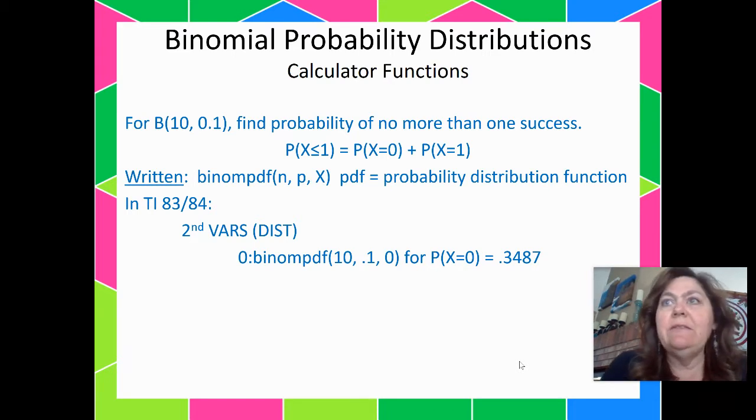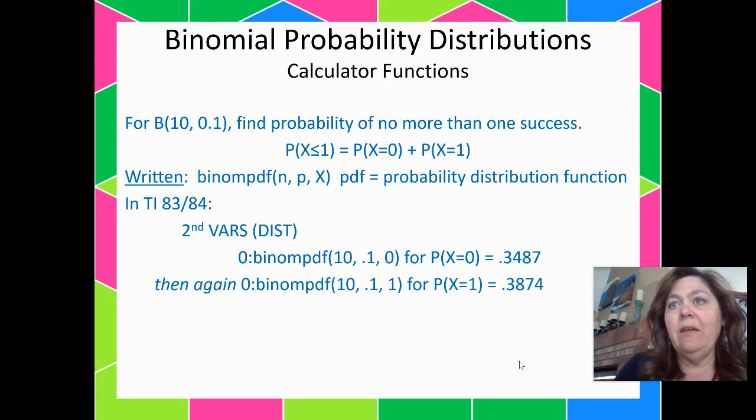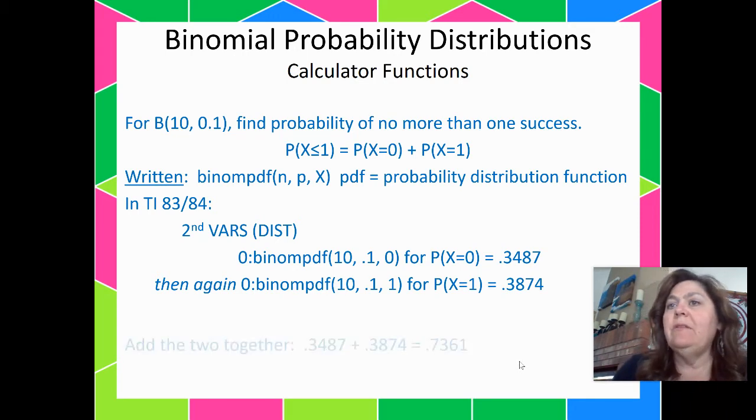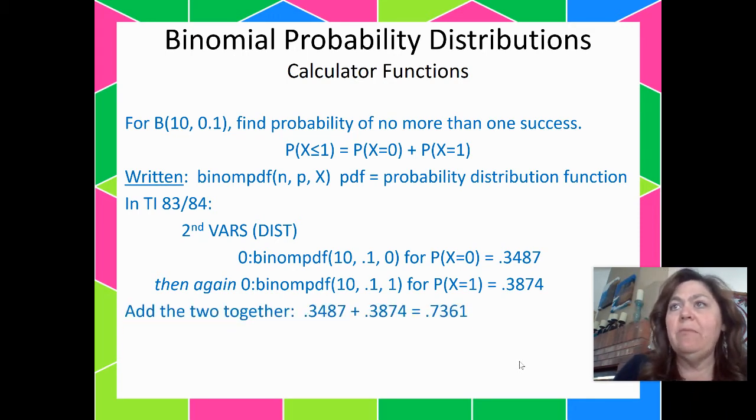And in this case, our N is 10, and our probability of success is 0.1, and we want the probability of 0, so we'd put a 0 there. binomPDF for 0. And then you just hit enter, and guess what? You'll get that. Do the same thing for 1, just replacing the zeros with 1s, and you'd get the probability that X equals 1. And of course, to finalize for this problem, then we would add those two together.